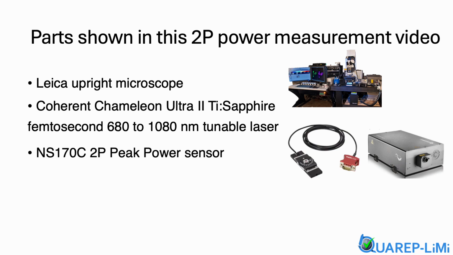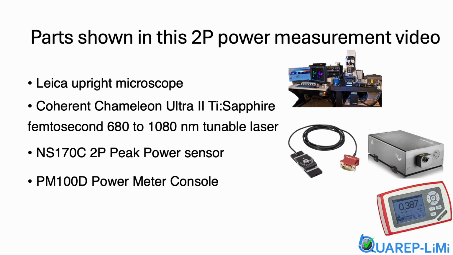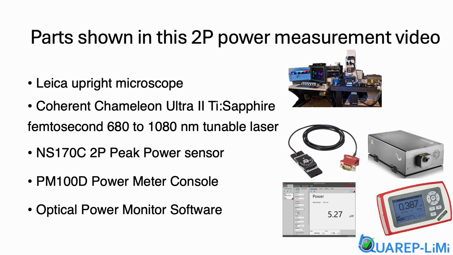The power sensor featured is the Thorlabs Microscope Slide Peak Power Sensor for two-photon lasers, NS170C, paired with the PM100D Power Meter Console. Links to both the power sensor and power meter console are provided in the description below. We also use the Optical Power Monitor OPM software, which is fully compatible with the power meter console and interface.